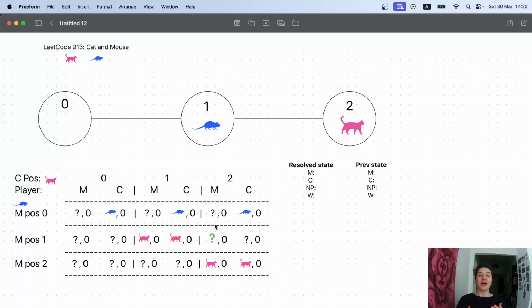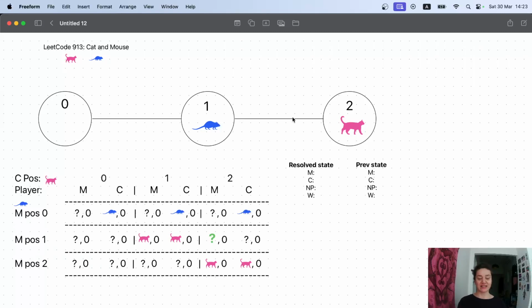Now, why do I need a 3-dimensional matrix to hold the winner? Because a state is 3-dimensional. Where's the mouse? Where's the cat? Whose turn is it to go now to play? These are 3 dimensions. So for each such state of 3 dimensions, I need to know the winner. So in this matrix, every row is for the mouse position.